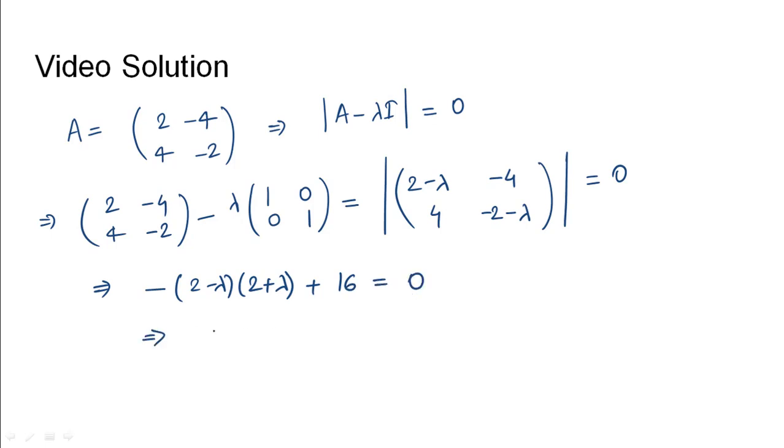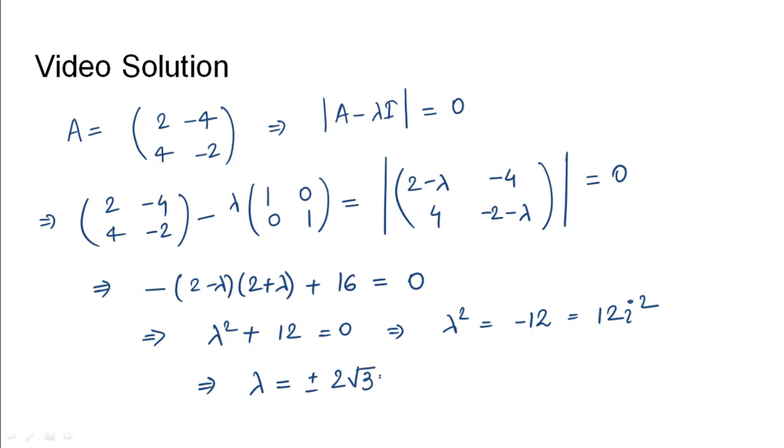Solving this would give us lambda square plus 12 equals 0. This would give lambda square as minus 12, which can be written as 12 i square. This would ensure that the eigenvalues are plus minus 2 root 3 i.